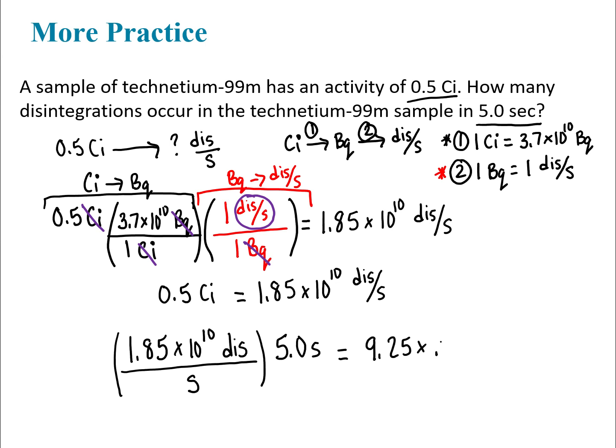So your calculator is going to tell you 9.25 times 10 to the 10. But we can only have 2 sig figs here.